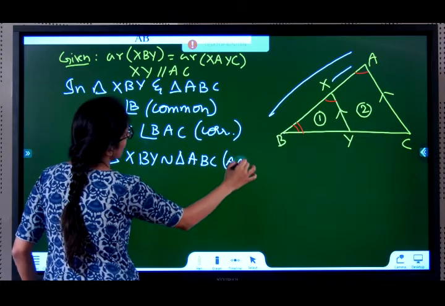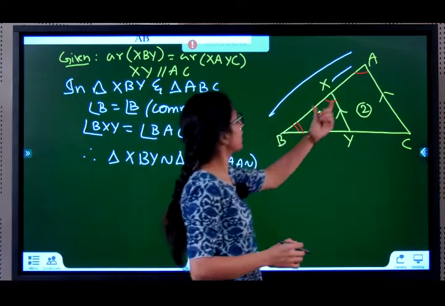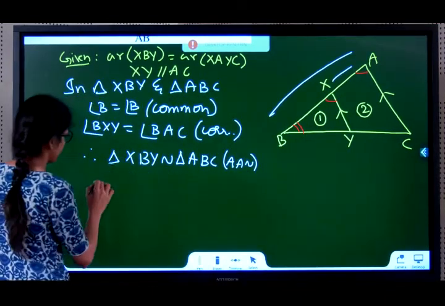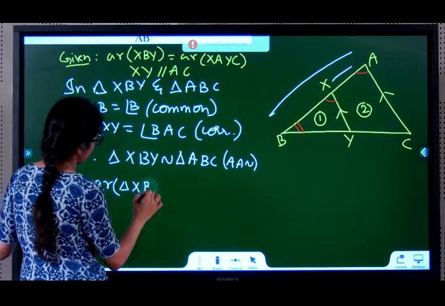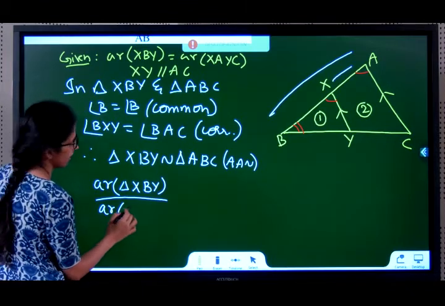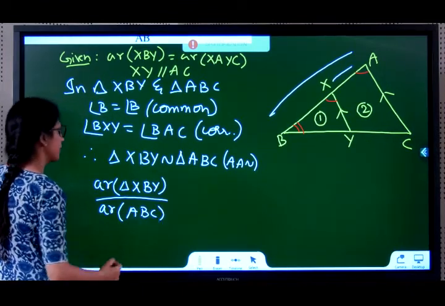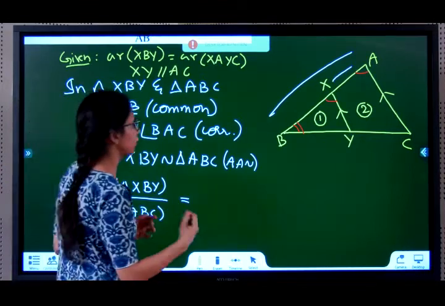Criteria AA similarity criteria. Since these two are similar, I can take their areas, area of triangle XBY divided by area of triangle ABC, right, is equal to what? Ratio of their sides squared.